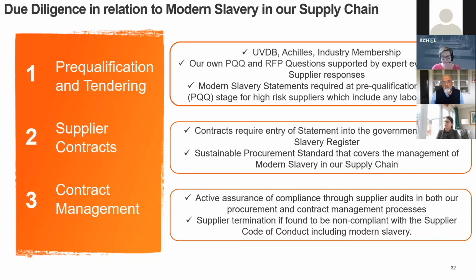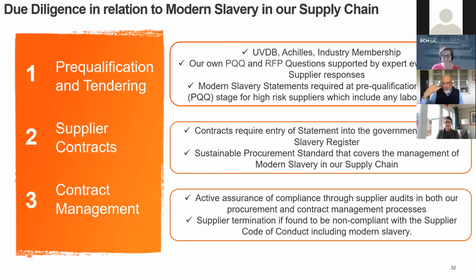Within our own pre-qualification questionnaire and the request for proposal that our buyers at Cadent use when engaging with the suppliers, we have built in very clear questions, evaluation sets, and answers that they can use as guidance when conducting their PQQ and RFP processes.